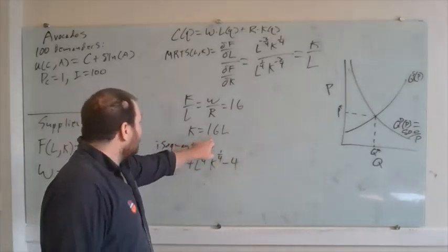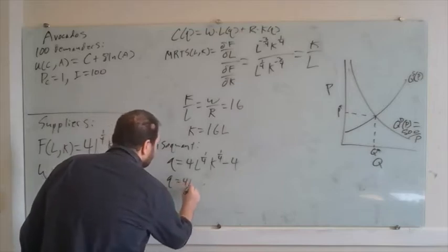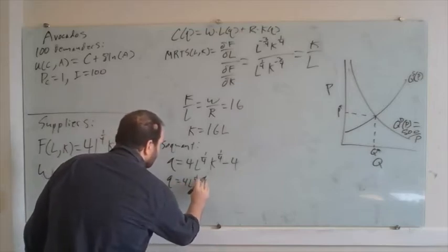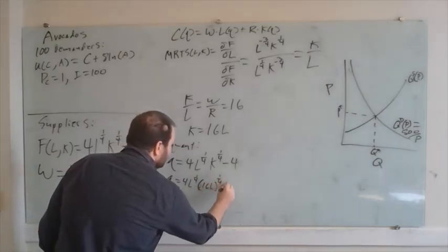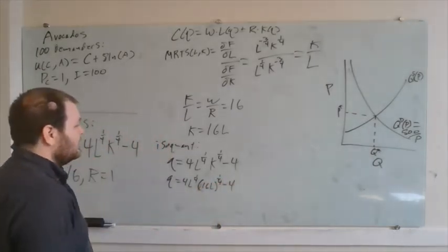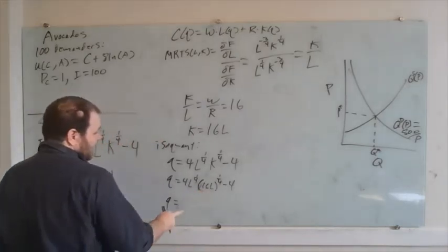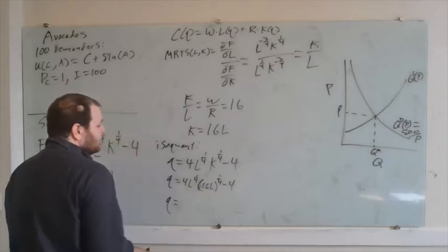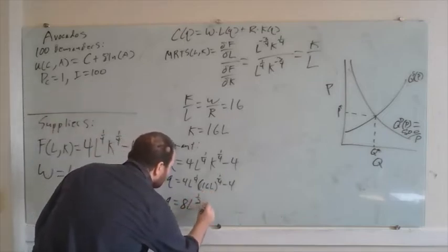Plug in 16L for K to get Q equals 4 L to the 1/4 times 16L to the 1/4 minus 4. So that's going to give us Q equals, 16 to the 1/4 is 2, L to the 1/4 times L to the 1/4 is L to the 1/2, so 8 L to the 1/2 minus 4.